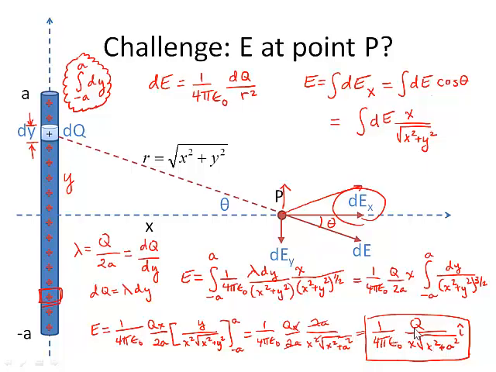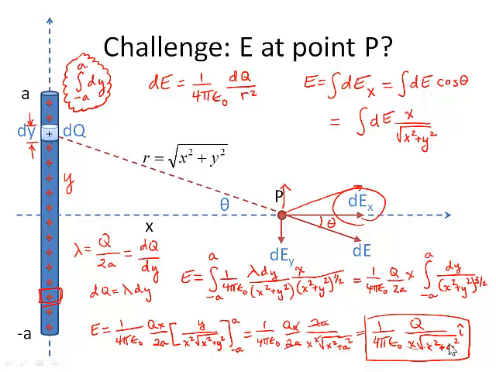So we can check now that if Q is 0, then this electric field should also be 0, and that's true, so this whole quantity will become 0. We can also check that if x is much bigger than a, then the whole line charge acts sort of like a point charge.